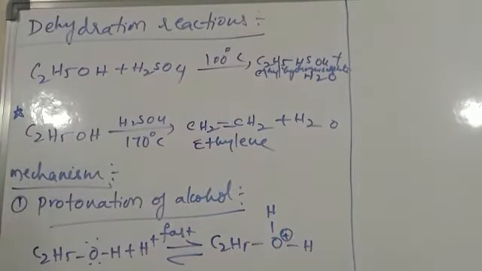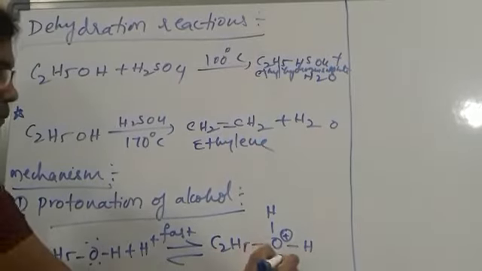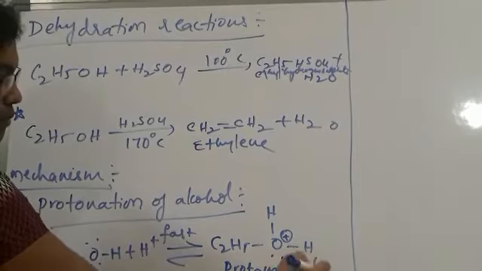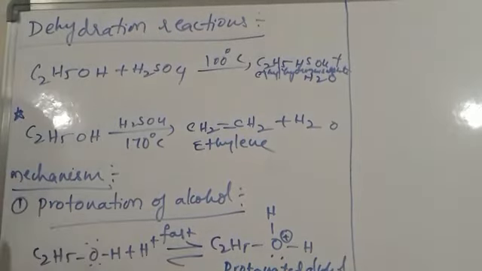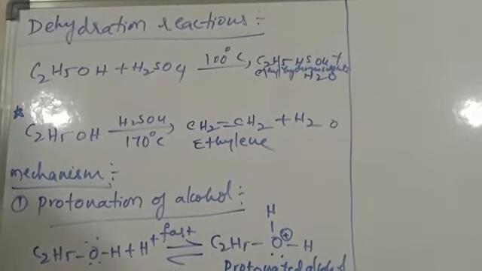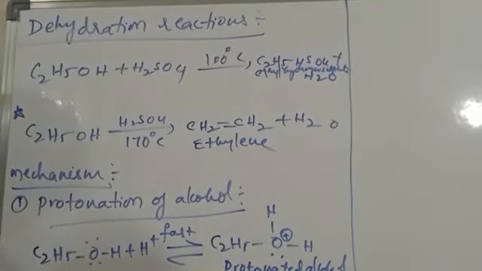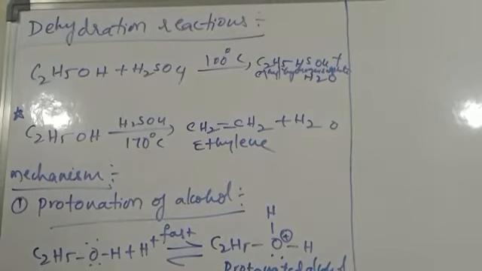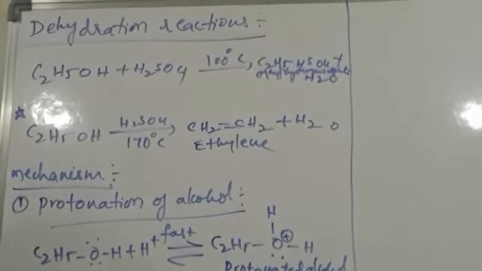So this is the protonated alcohol, the first step involved in the mechanism. Next step, formation of carbocation. From protonated alcohol we get carbocation.